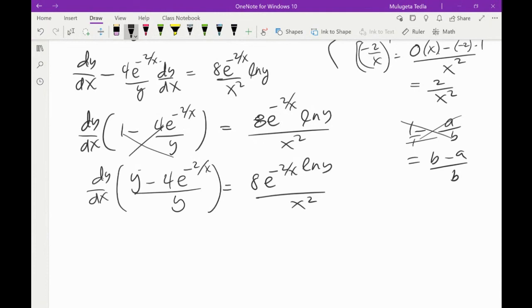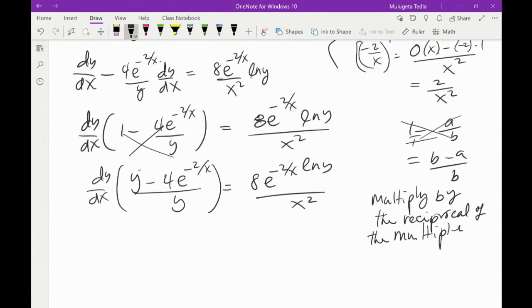Now you can multiply both sides by the reciprocal of the left hand side, the reciprocal of the multiplier on the left. So if I multiply that by the reciprocal, I get dy by dx.